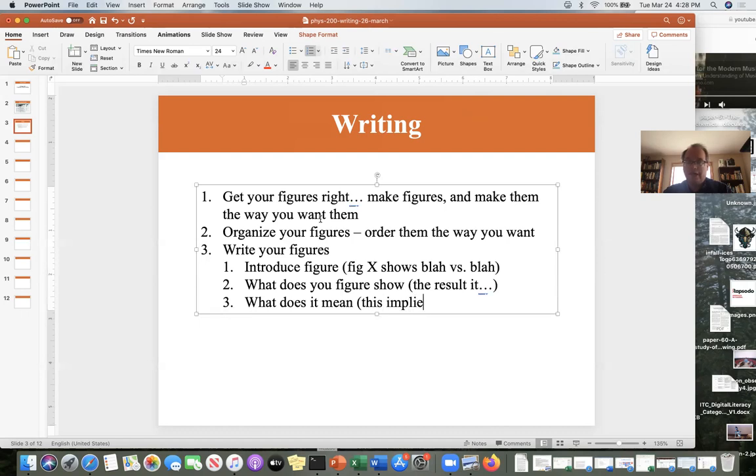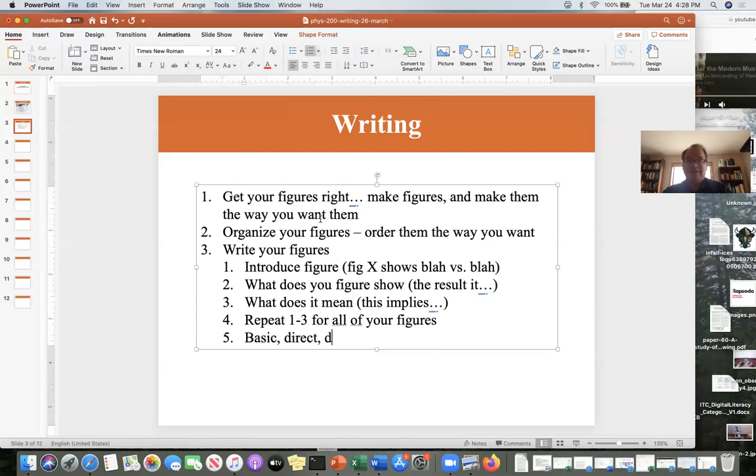This implies, and then repeat 1 through 3 for all of your figures. If you've done that, you should be able then to have the meat of your paper done. It is essential here that this stuff is all in basic, direct, declarative sentences. Nothing fancy.